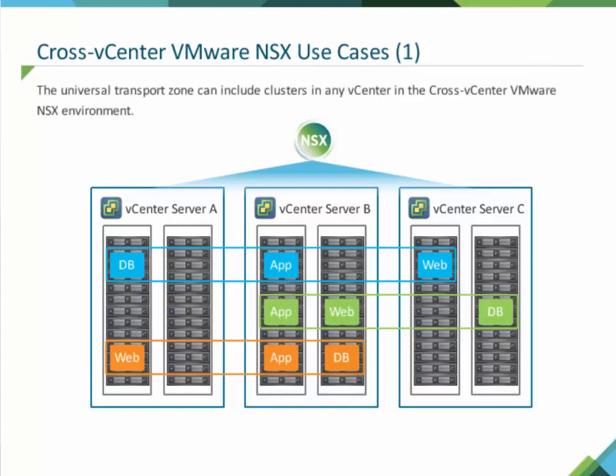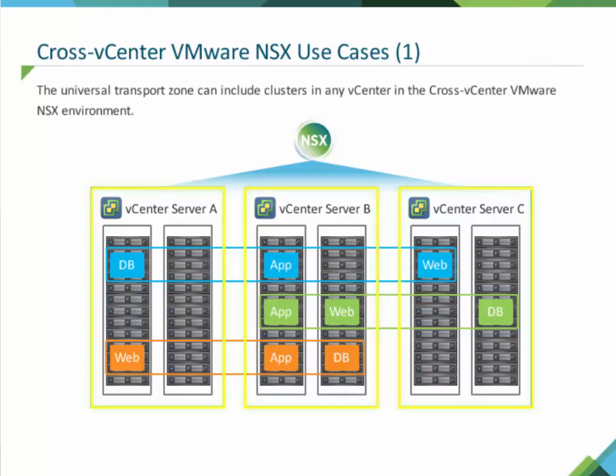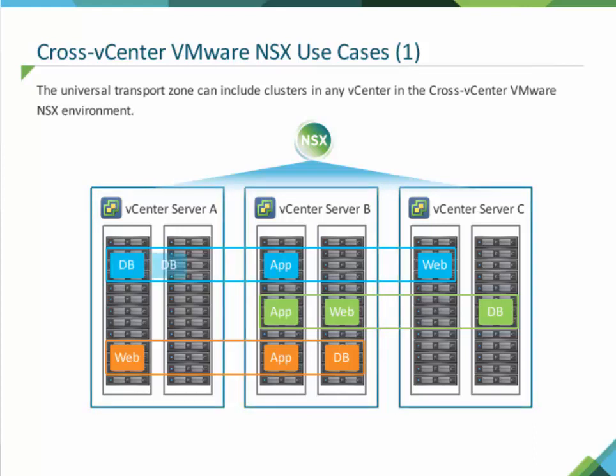The universal transport zone can include clusters in any vCenter in the cross vCenter VMware NSX environment. This provides the ability to place the workloads based on the resources available in any vCenter, without having to worry about the networks available. This feature can also be used for migrations from one vCenter to another seamlessly.